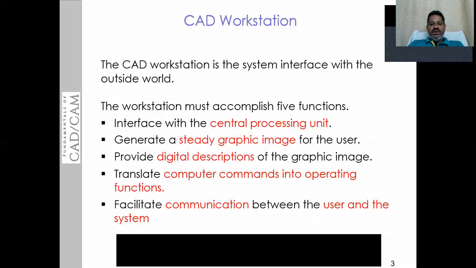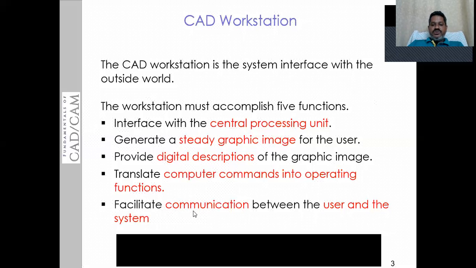In between the start point and end point, the system is going to draw a line. So when you use a draw command, the system draws a line. That means the workstation is transforming the commands into the operating functions; it is converting the commands into operating functions. The CAD workstation must have that feature.